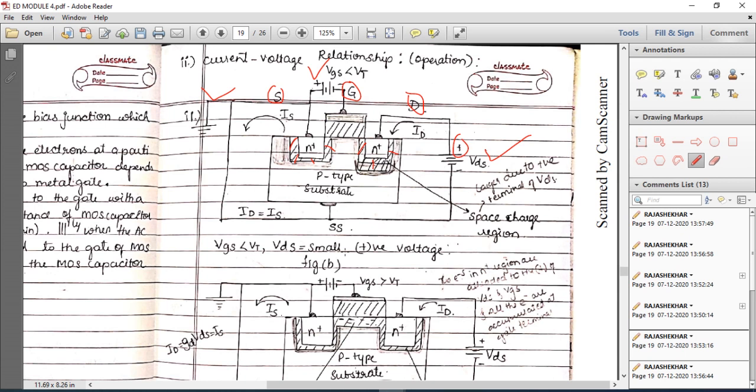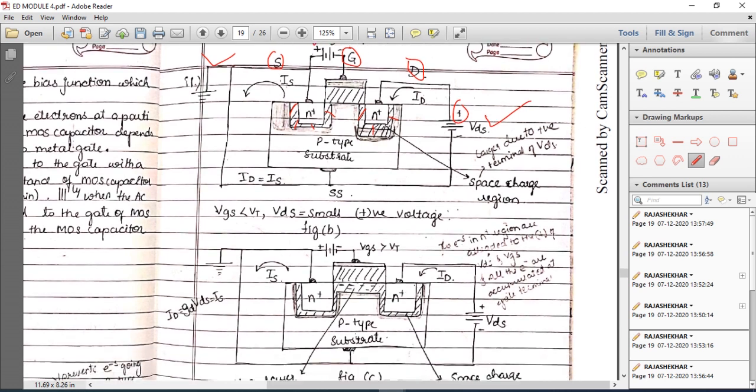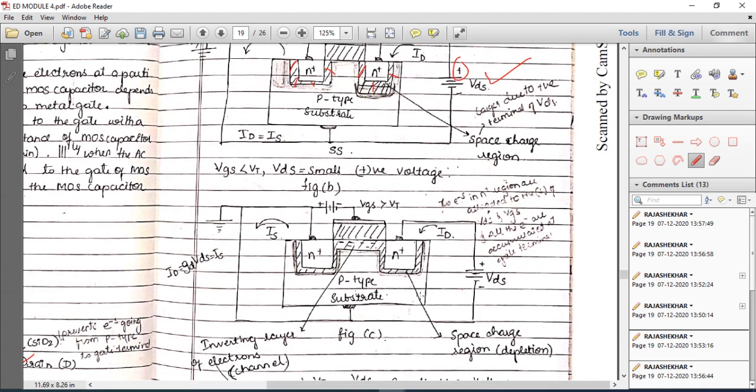Okay, so now let us check what happens if I change a particular voltage. Here we have made a small mistake, and you need to correct this one.